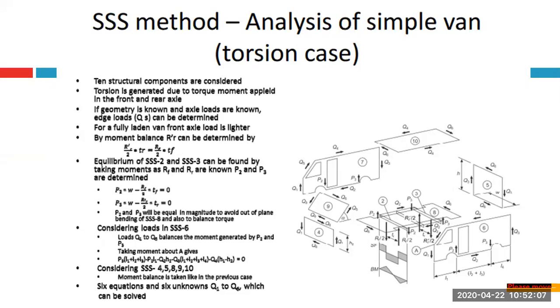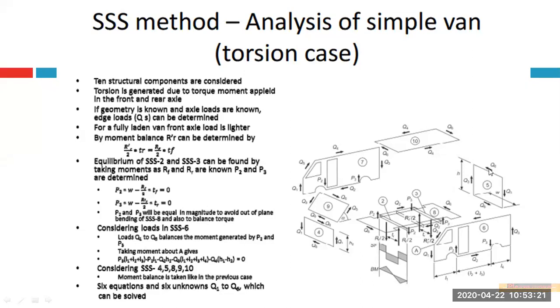These are the two different types of loading situations which we are going to be studying in detail. To start with, in the analysis of a simple van under torsional load, we're going to consider 10 structural components.